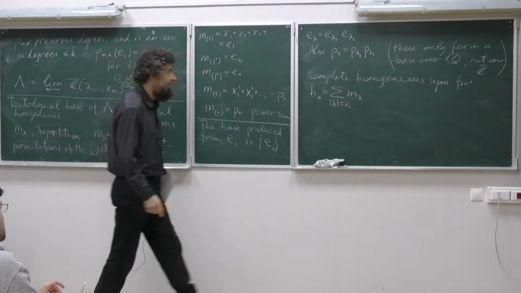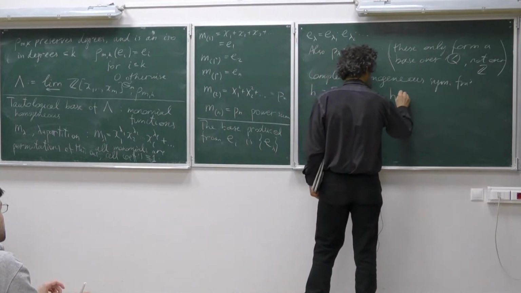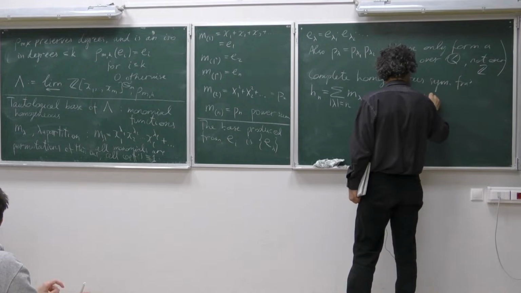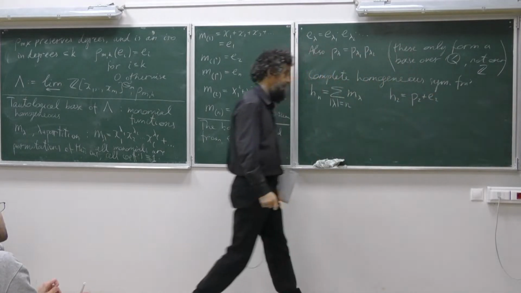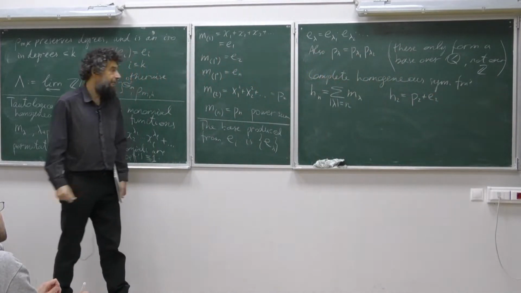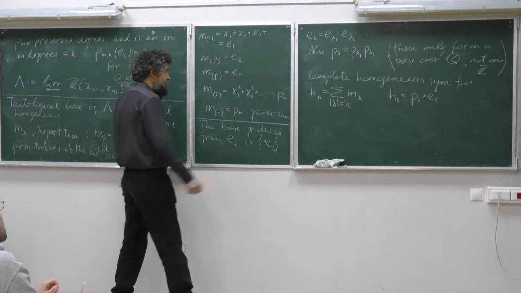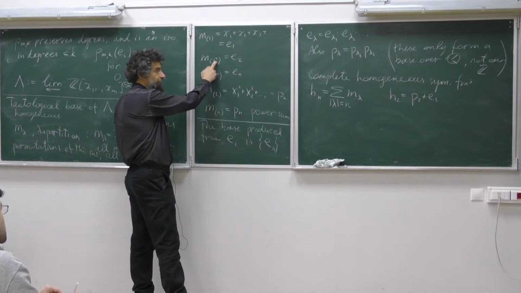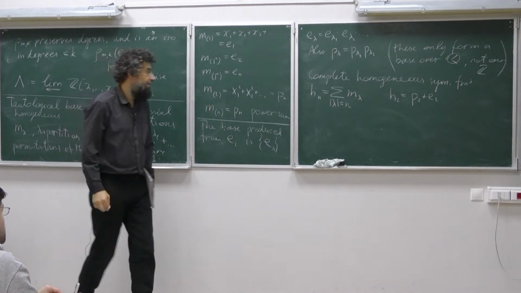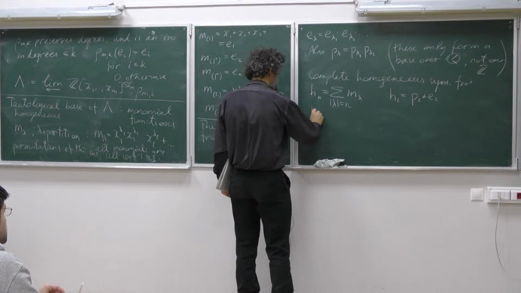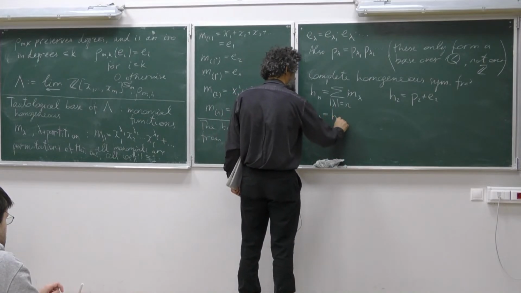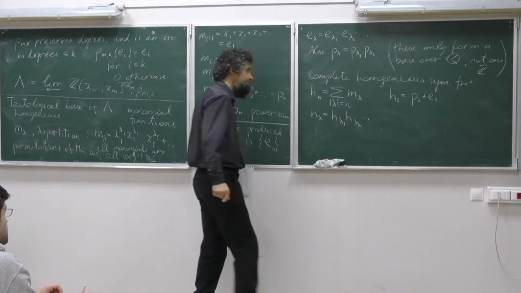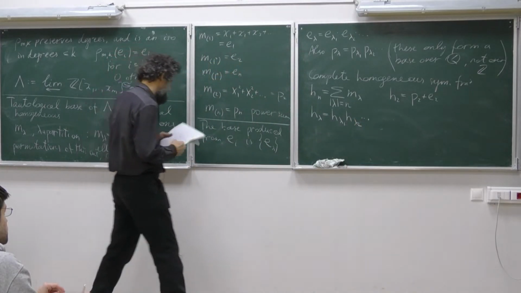So for example, H2 is P2 plus E2, right? Because there are just two partitions of 2, this one and that one. And then again, H lambda is H lambda 1, H lambda 2, and so on.